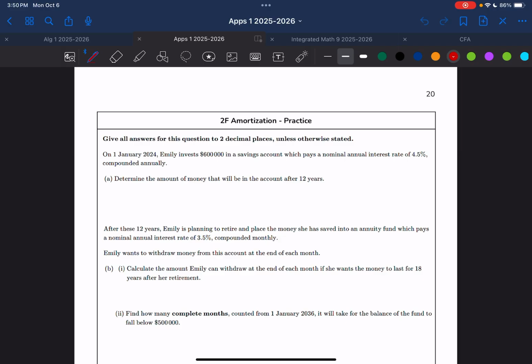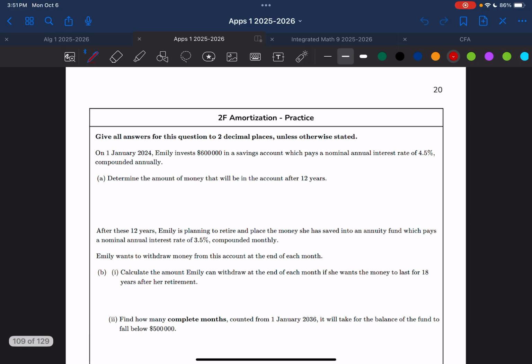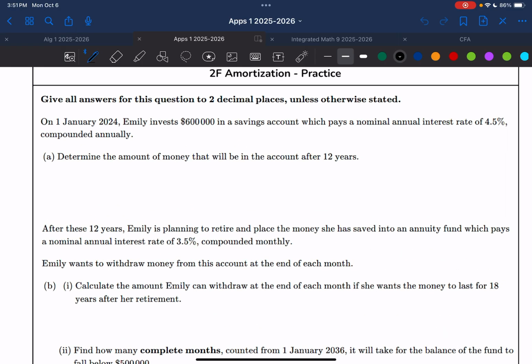On January 1st, 2024, Emily invests $600,000 in a savings account, which pays a nominal interest rate of 4.5% compounded annually. Determine the amount of money that will be in the account after 12 years. Well, we can use our formula or we can use the calculator. I'm going to be using the application on the calculator.